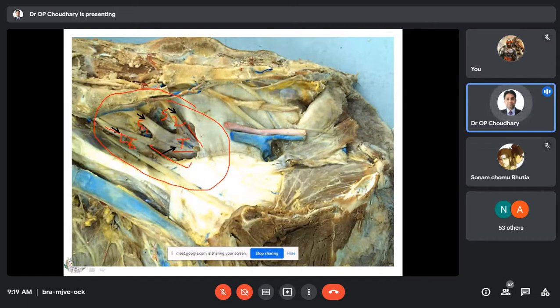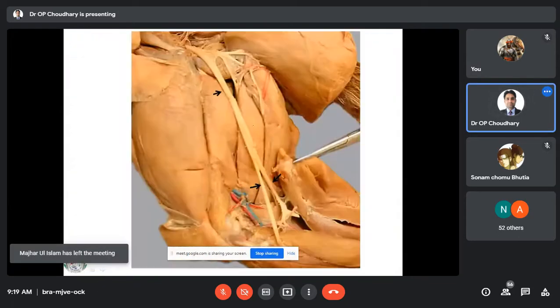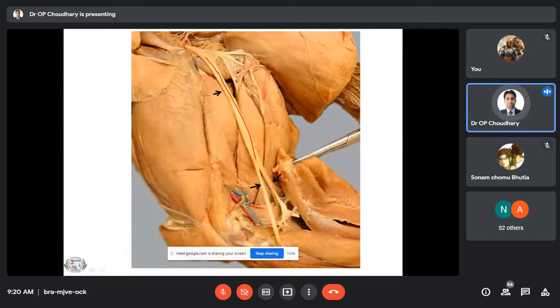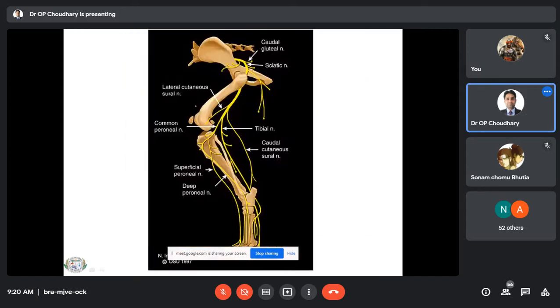The sciatic nerve is part of the posterior part of the lumbosacral plexus. It is the largest nerve of the body. Then you can see here, this is the sciatic nerve. It continues, and finally it continues as you can see here. It is clear.